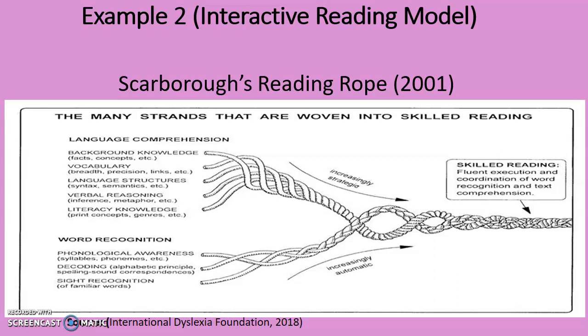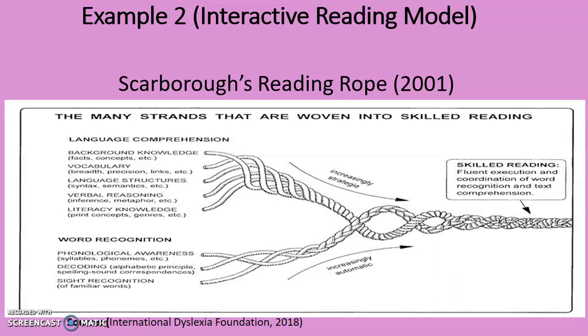It takes a lot of time to learn to read, and there are lots of different intricacies. This is used for students with dyslexia, but also any students in the classroom. So we're looking at language comprehension and word recognition, where everything is working together and all the strands are necessary. According to Scarborough, we can't just say bottom up and we can't just say top down.